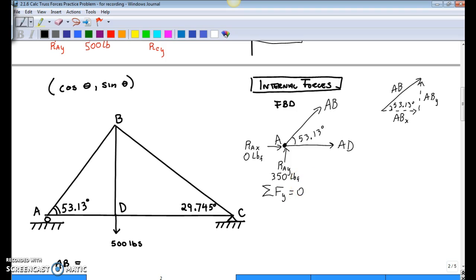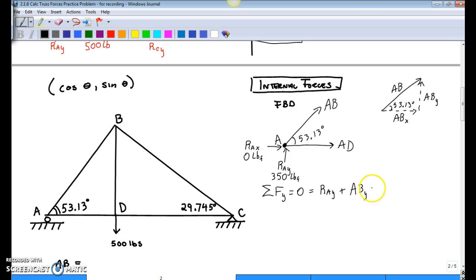The only two forces that we have right now in the y direction are reaction force A subscript y, and that's positive because the arrow is pointing up, and the y direction of component AB, simply stated AB in the y direction, which is also pointing up, so they're both positive.